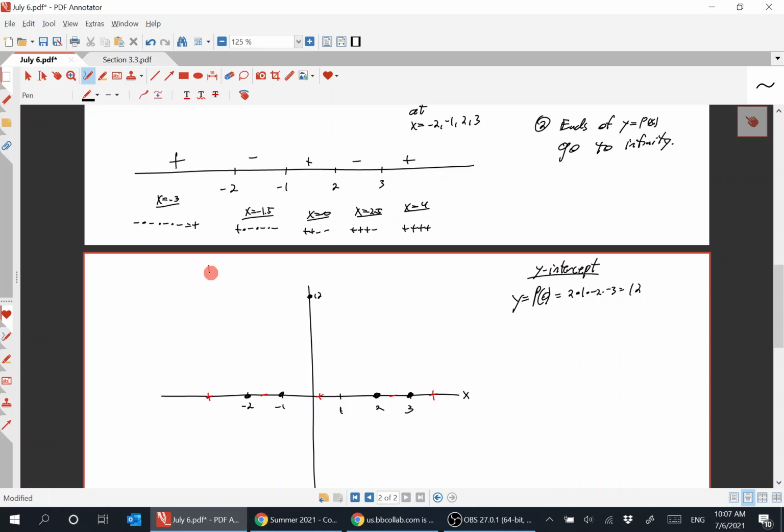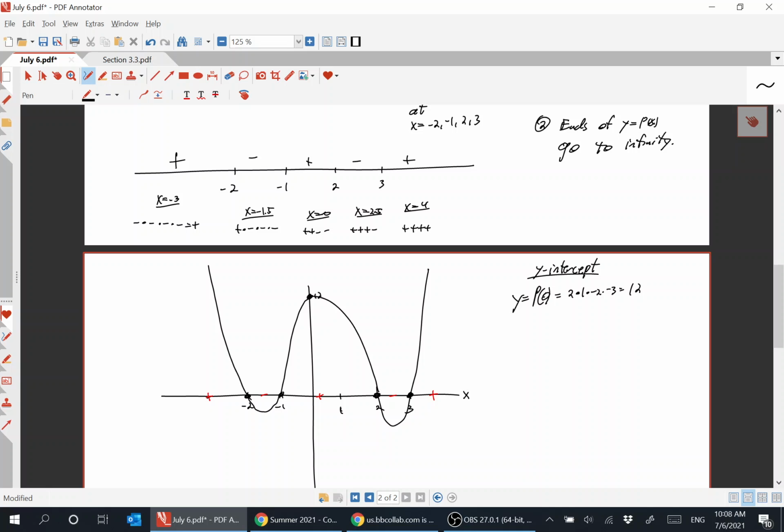So it would look something like that. Oh, it's got to go up here, sorry. There we go. So something of that sort.